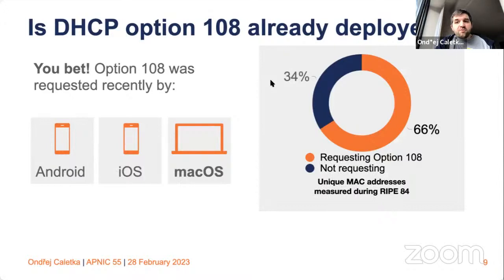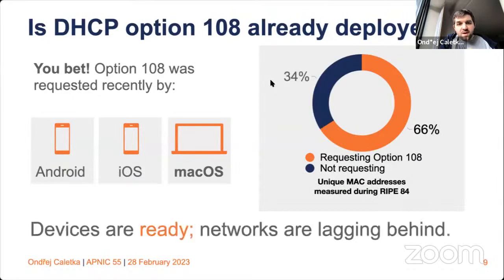I found out that two thirds of devices in the network already request option 108. Back then, the network was not ready for that, so the devices operated dual stack normally. But you can see that quite a decent number of devices is already using it. So let's say devices are ready, and the networks are a little bit lagging behind.